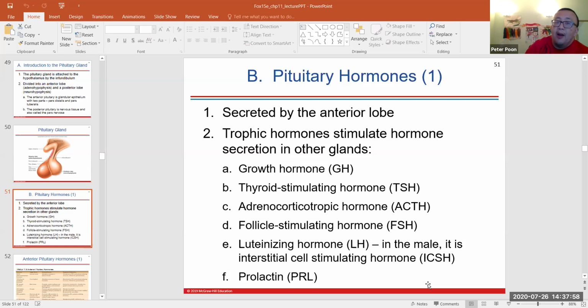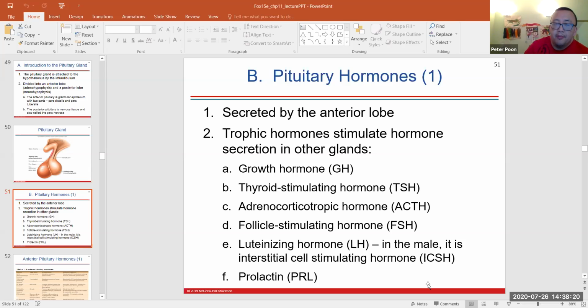Thyroid stimulating hormone stimulates thyroid hormone. Adrenocorticotropic hormone stimulates the hormones in the adrenal cortex. FSH, follicle stimulating hormone, stimulates hormones in the follicle.